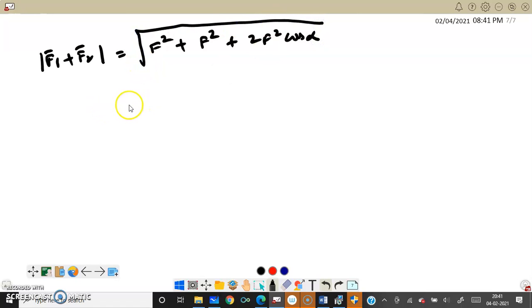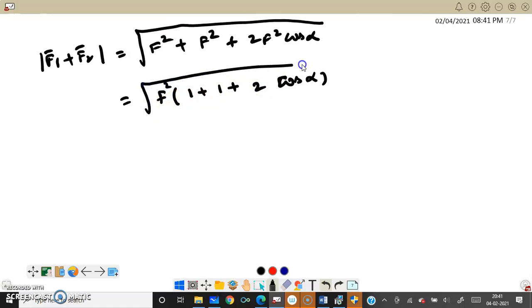And this will be equal to F square, F can be taken out, 1 plus 1 plus 2 cos alpha, right? F square we are taking it out. So this will be the square root of F square, which is F. 1 plus 1 is 2. So 2 also we can take out.